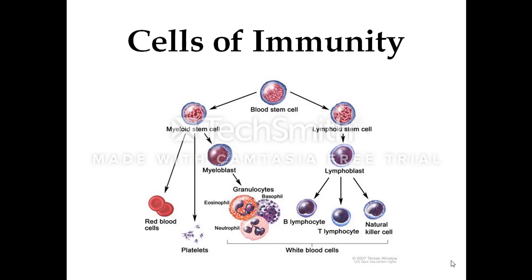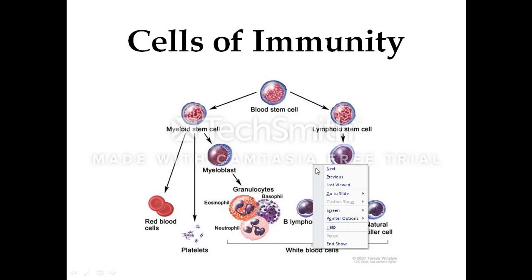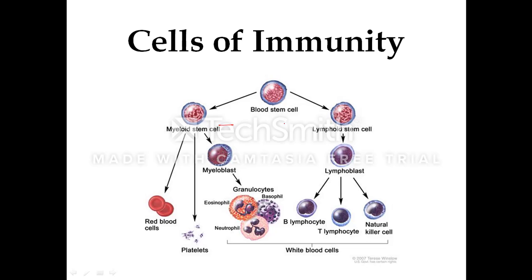These cells of the immune system are derived from, or originate from, the blood stem cells. From the blood stem cells we find two important lineages. One is the myeloid stem cell and the other is the lymphoid stem cell.